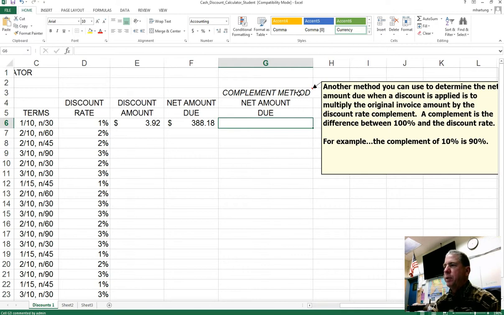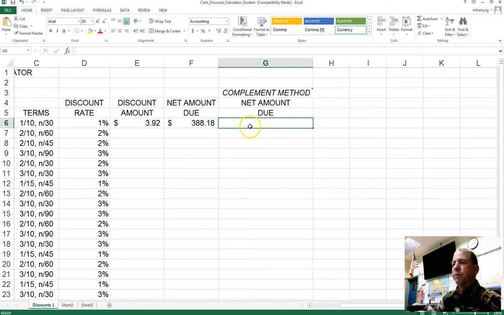So a complement is the difference between 100% and the discount rate. For example, the complement of 10% is 90%. So you always need to get to 100%. If you are looking at a 2% discount rate, the complement would be 98%.